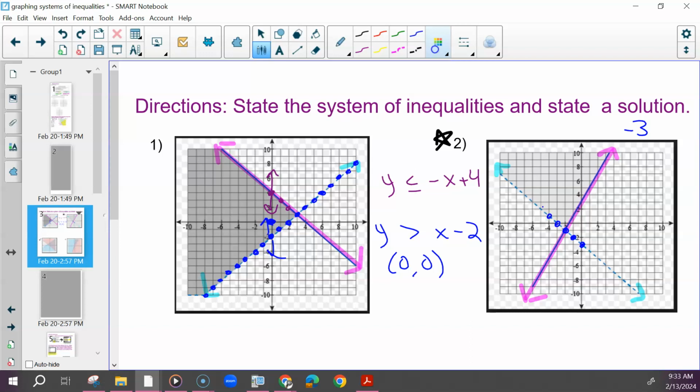It looks like it's -1. And then at the y-intercept, that doesn't really help us where the shading is, but if you were to draw that same direction arrow all the way up your line, you could see that. Which symbol would that be?